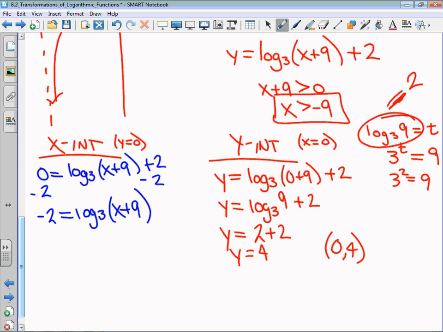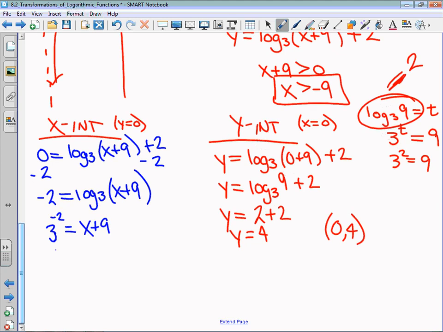That means that the base to the power of the value is equal to the argument. 3 to the -2 is 1 over 9. That's equal to x plus 9. I'm going to subtract 9 from both sides. And I get that my x-intercept occurs at 1/9 minus 9. Please don't leave your answer like that. That's a cop-out. We need to make sure you understand how to do this algebraically.